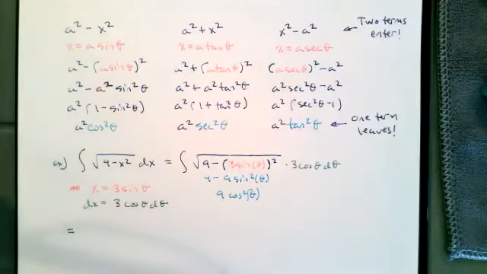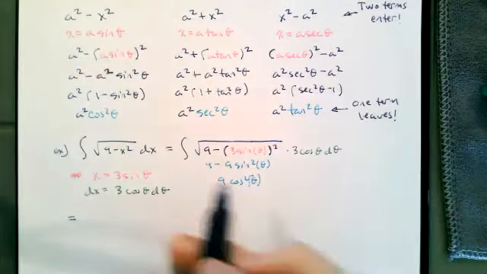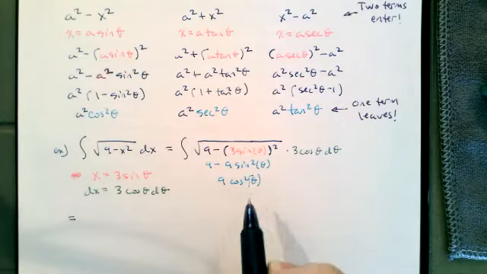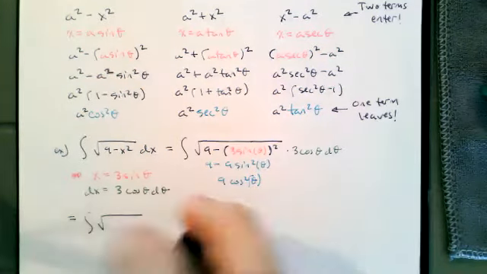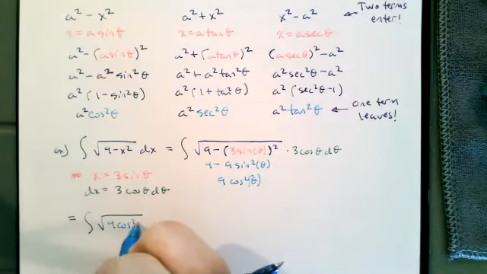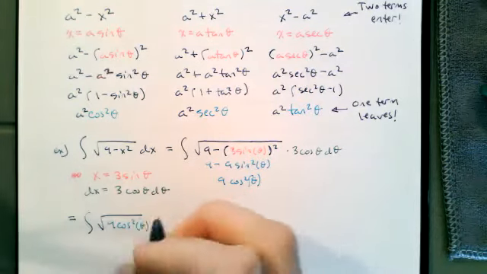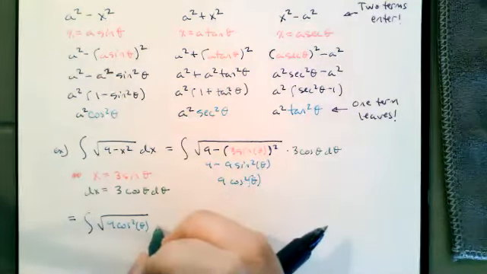It's important to remember this step because this is the whole point of doing a trigonometric substitution, for this 9 minus x squared to get transformed into a 9 cosine squared theta. So this is the integral of the square root of 9 cosine squared theta, and we still have this times 3 cosine theta d theta.